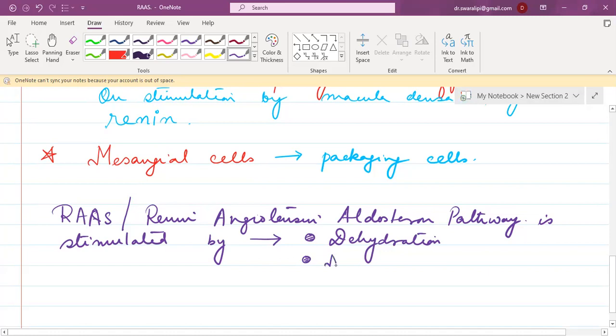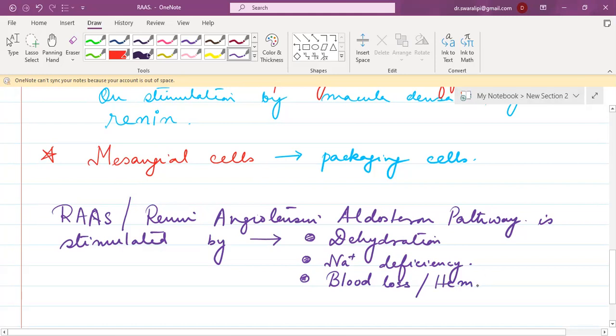Next, if there is sodium ion deficiency, then also it can stimulate the RAS pathway. Next, if there is severe blood loss, or we can use the term hemorrhage.